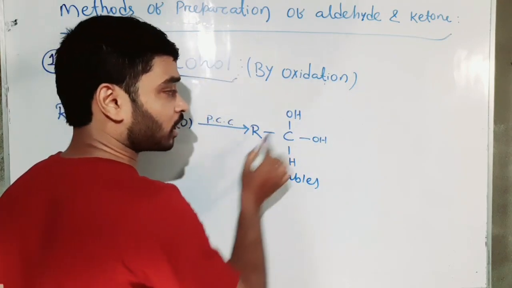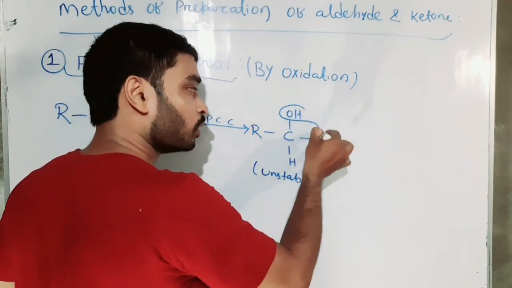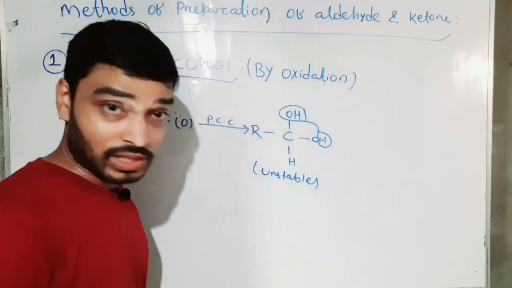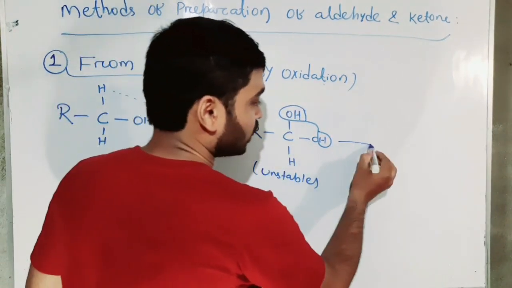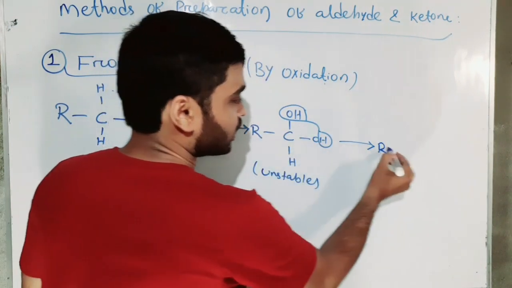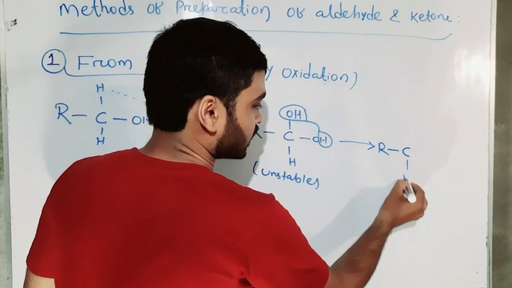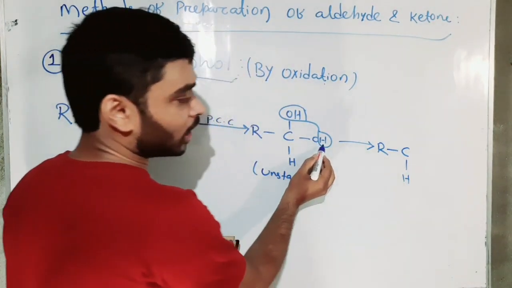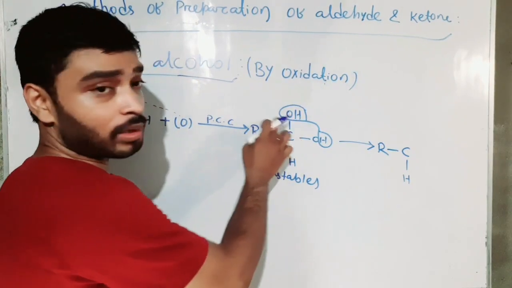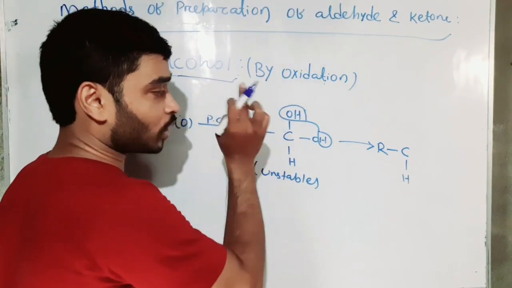Due to the unstable product, one OH group will combine with the hydrogen atom, resulting in a dehydration process, and this will result in the formation of aldehyde. So I am writing here R, it will be C and the hydrogen is constant. But due to removal of hydrogen, the oxygen lacks one valency, and due to removal of OH, the carbon lacks one valency.